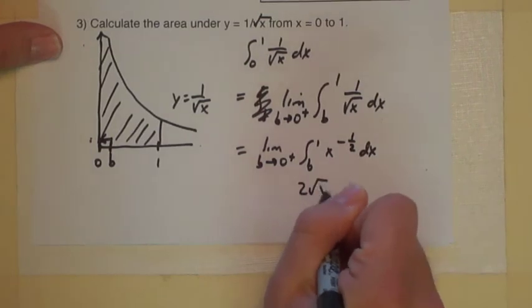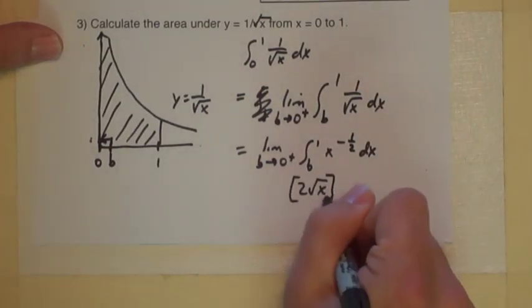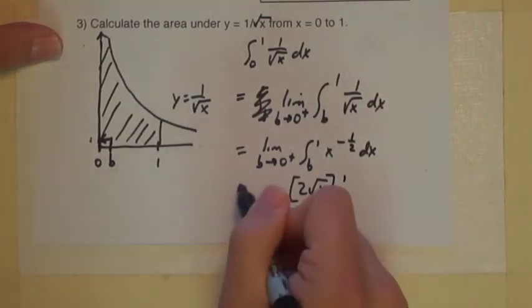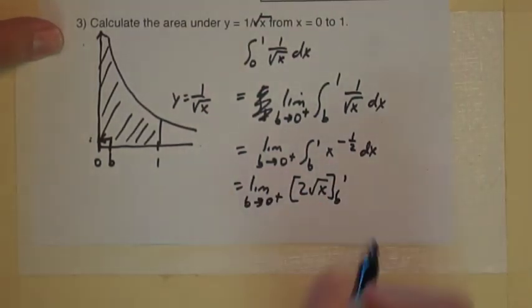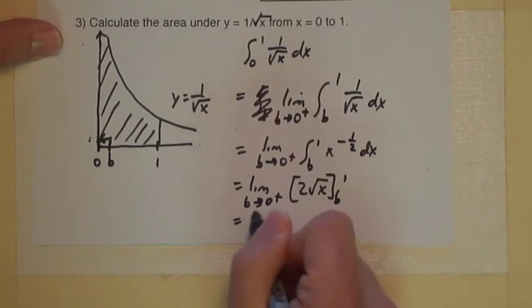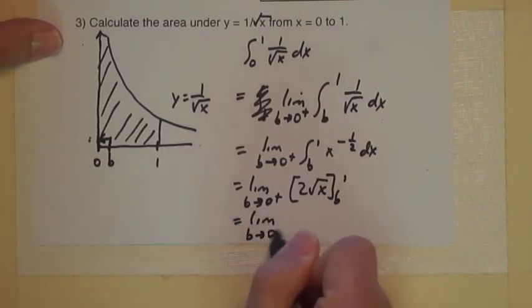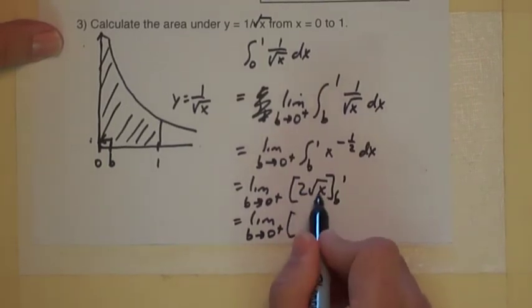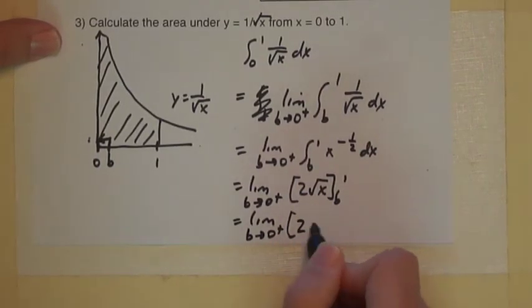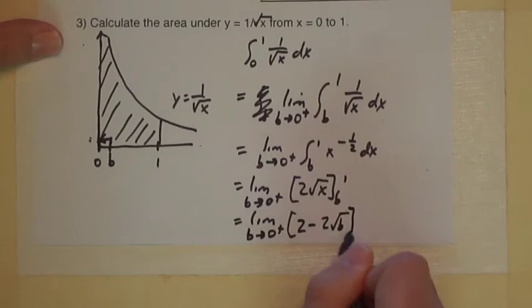So it's 2 square root x, evaluated from b to 1. Now, what is that? That's 2 radical 1, that's 2, minus 2 radical b.